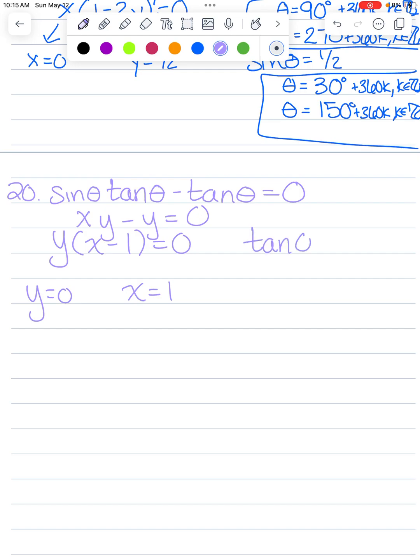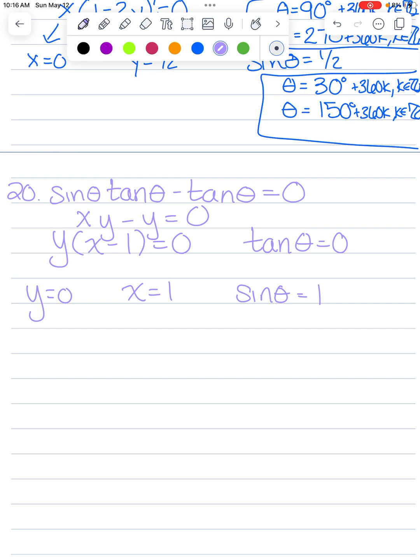Y took the place of tangent, and x took the place of sine. And yet I still wrote this backwards. So y took the place of tangent, so tangent is equal to 0, not 1. I had that backwards.